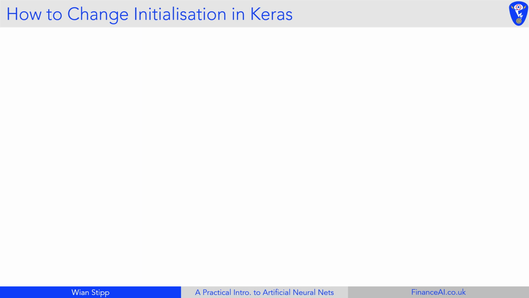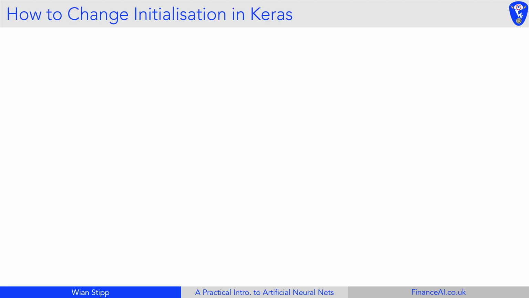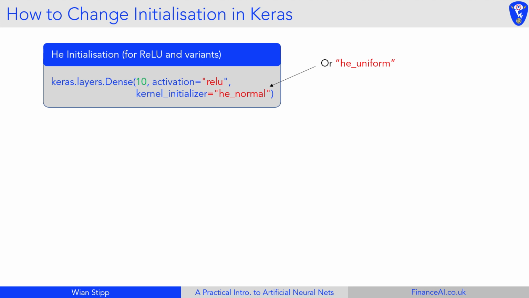So how do we change the initialization in Keras? For the He initialization, for the ReLU variants, as you can see, this is what we use. We just add it inside the specific layer that we want it applied to, and it goes under kernel_initializer. And for this one, we're using he_normal, because this is the one applied for the ReLU activation function.